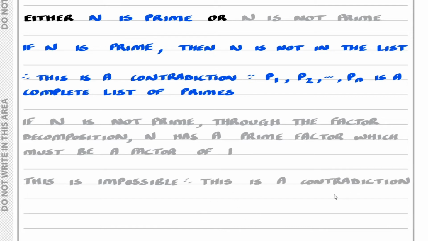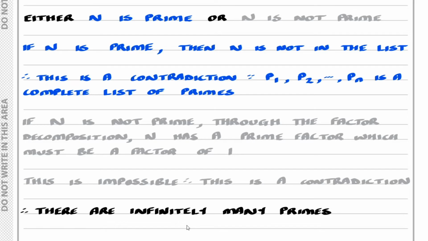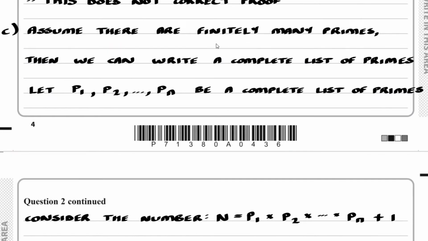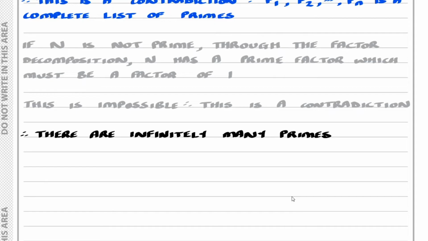So this is also a contradiction. And because we have a contradiction, that means our original statement, which is that there are finitely many primes, is false. So there are infinitely many primes.